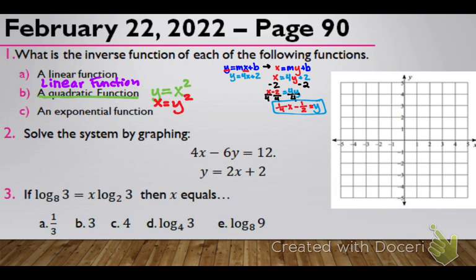And my next step is to solve for y. How would I get rid of that squared? I have y squared. I could square root it. I would square root both sides.